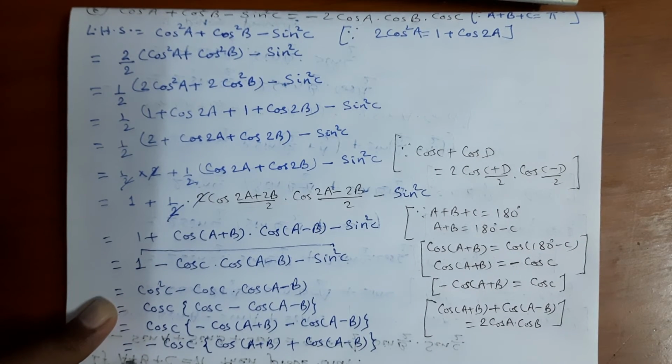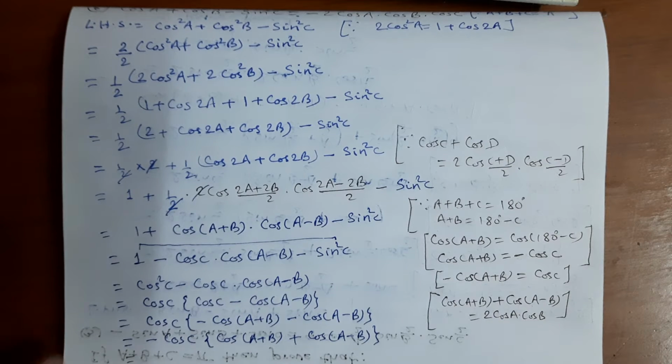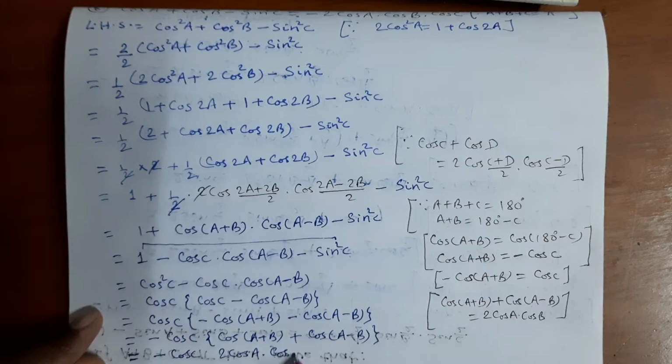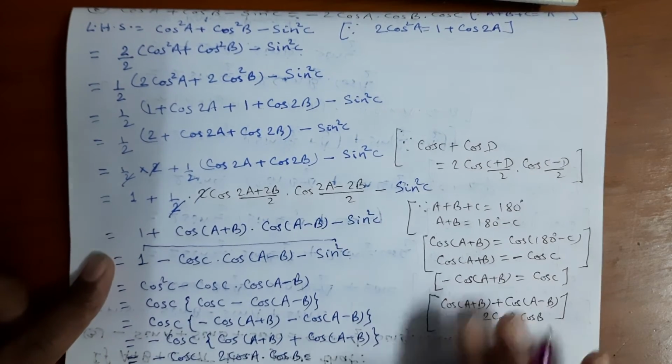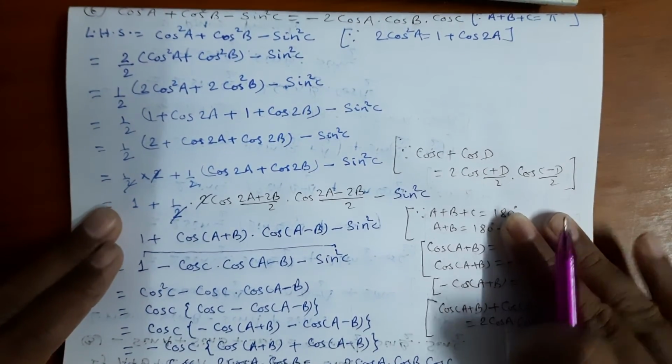So here we have minus cos C, and here is 2 cos A cos B, equals, we can write minus 2 cos A cos B cos C, which is our right hand side.